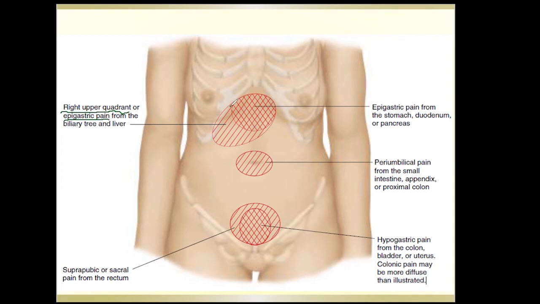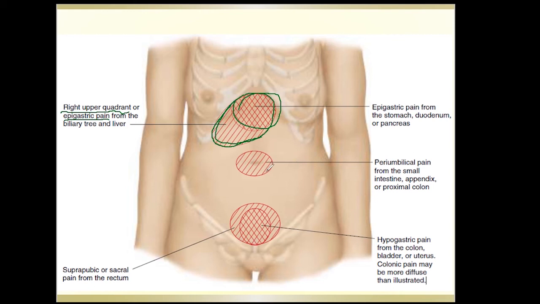This area basically covers this part. If it goes more to the right side, it's mainly the liver and gallbladder. But if it goes more to the left side, or sometimes even in the center, that may be coming from the stomach, small intestine, or pancreas.